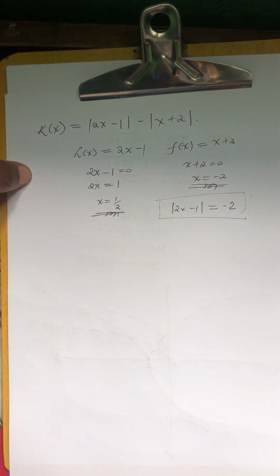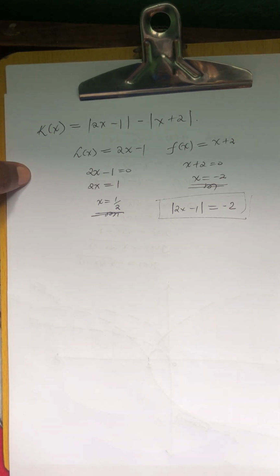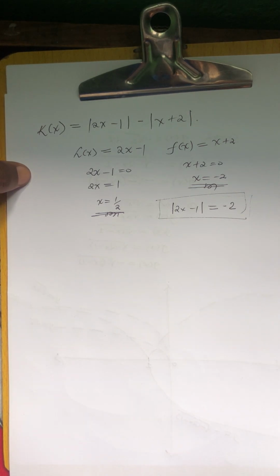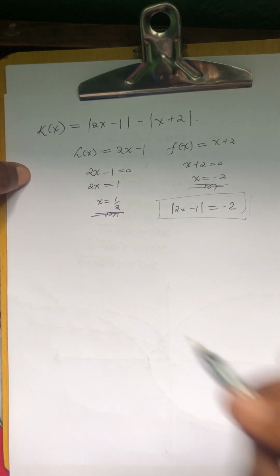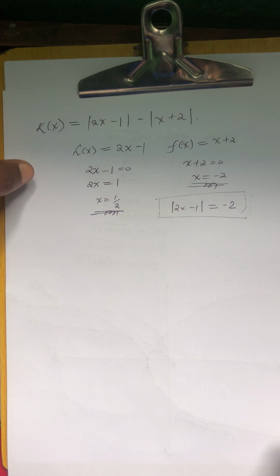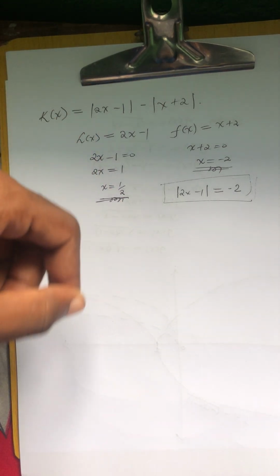Because a modulus can't give you a negative. A modulus is always positive. So just know that you should always be positive.